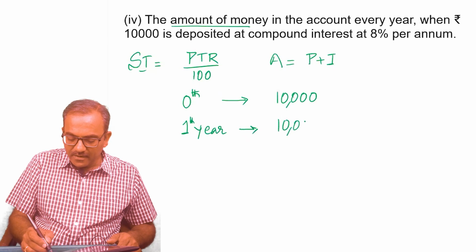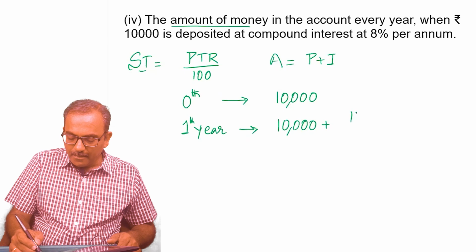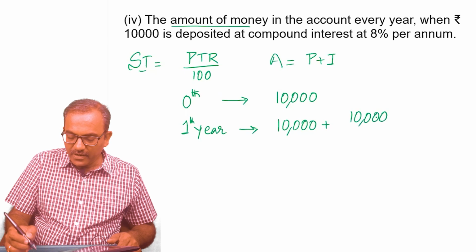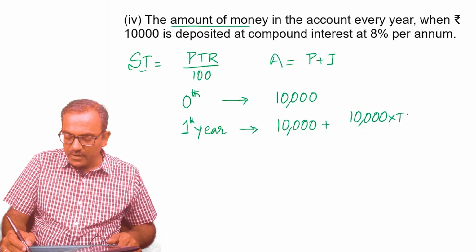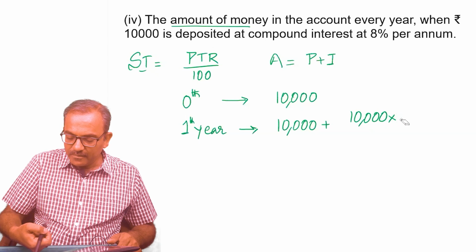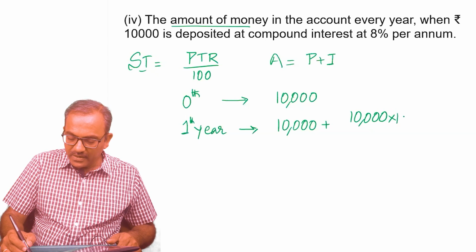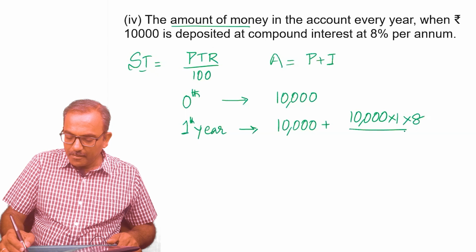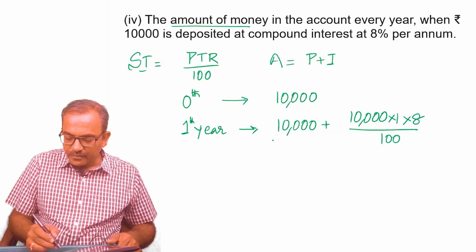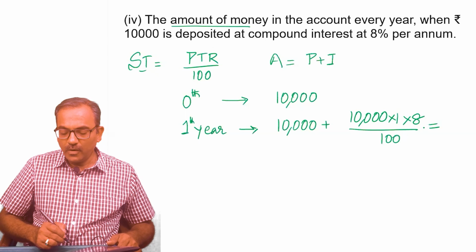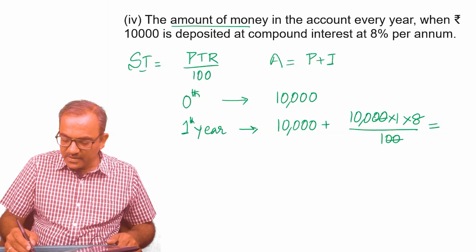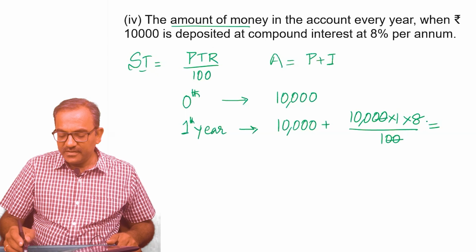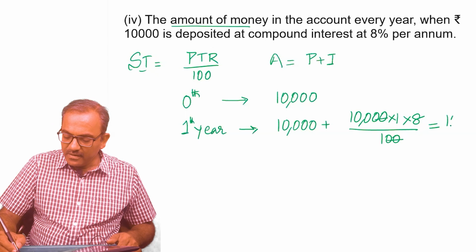I will be having 10,000 plus interest for 10,000, P into T, that is 1, T is 1 year, and 8 by 100. This amounts to, these two get cancelled, this is 800, 10,000 plus 800.